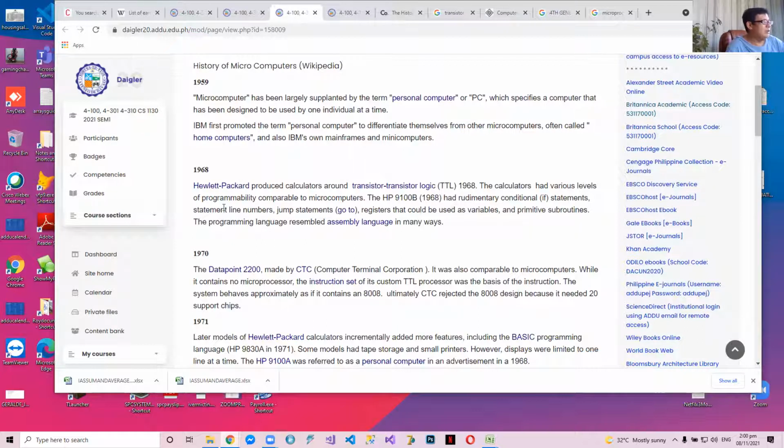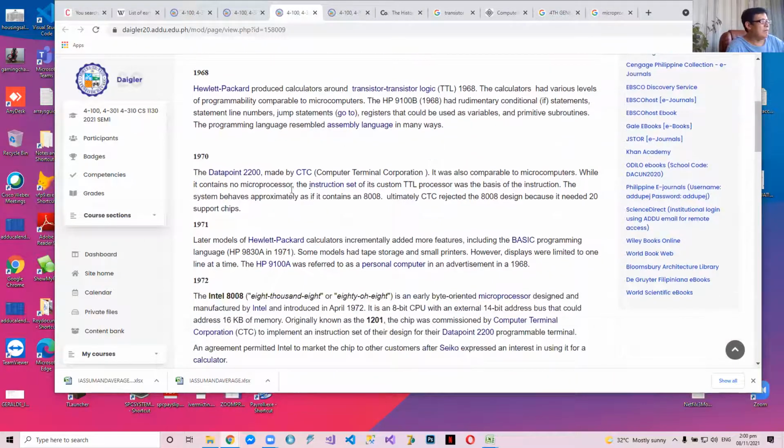From Wikipedia: in 1968, HP produced calculators using TTL, transistor-transistor logic. These are ICs. So HP produced the 9100B in 1968. Now, Datapoint CTC is an old computer which runs the 8008.